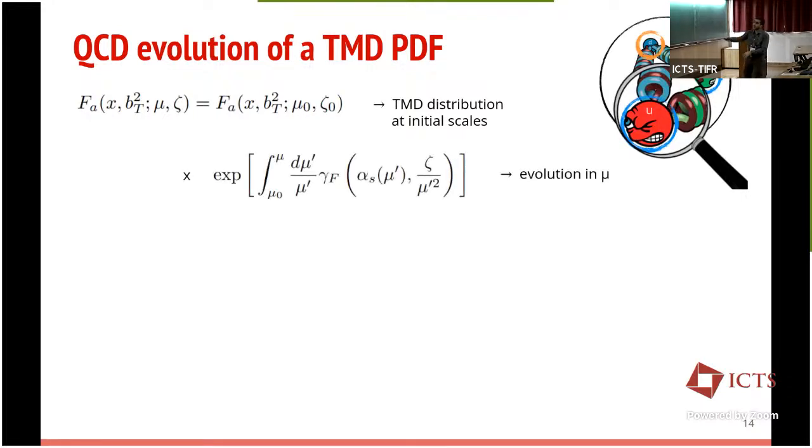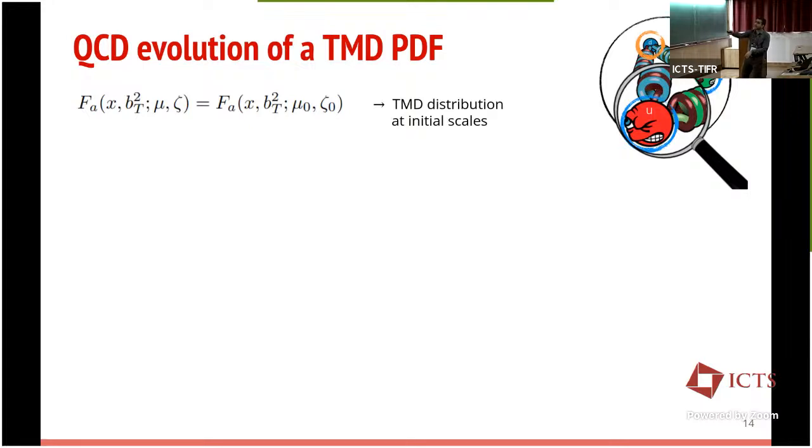If you take your TMD PDF in BT space, the solution of the evolution equations can be written in the following way. You have the function at 2 other scales that we call mu0 and zeta0, which are the initial values for your scales. So mu0 is the initial value and mu is the final value for the evolution, and the same for the zeta variable.